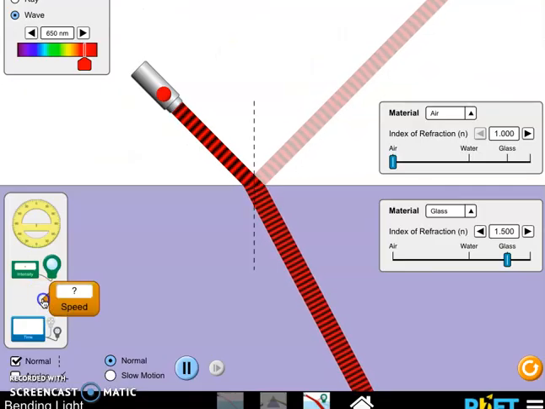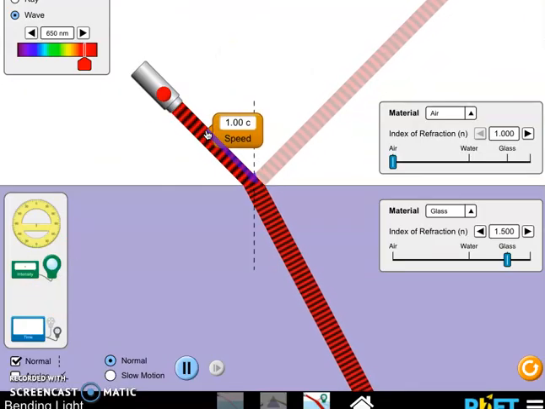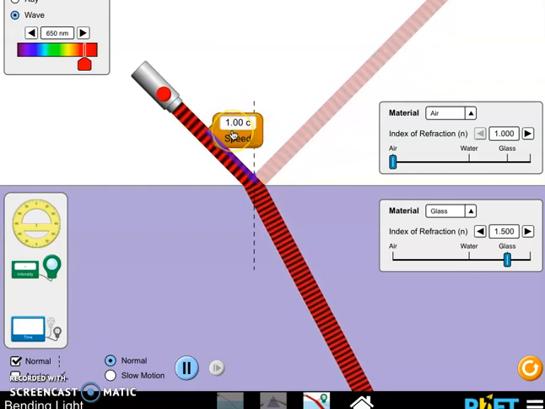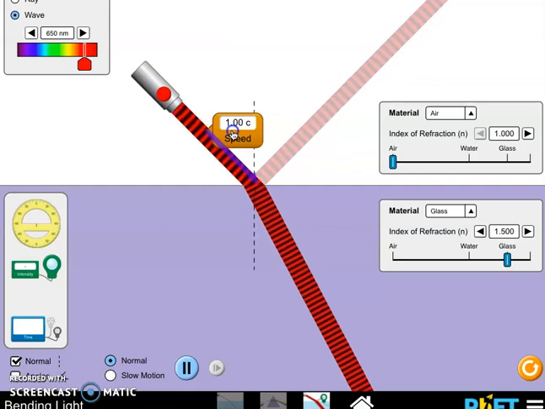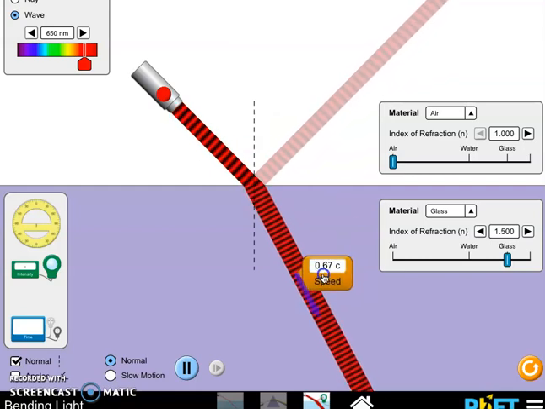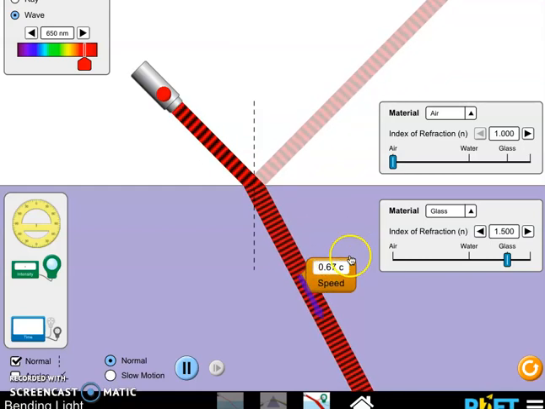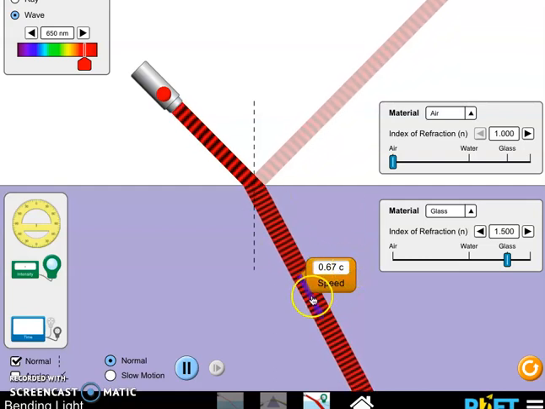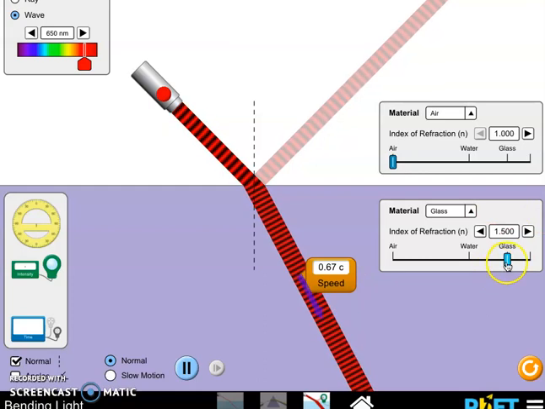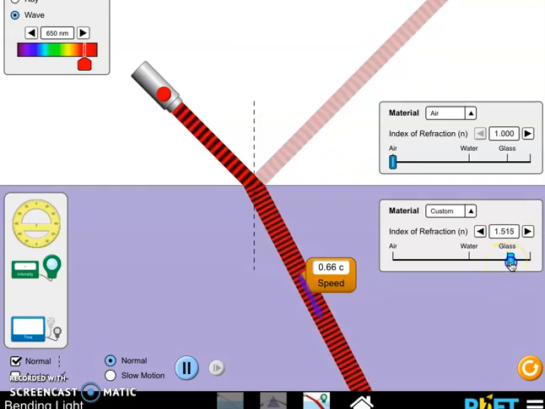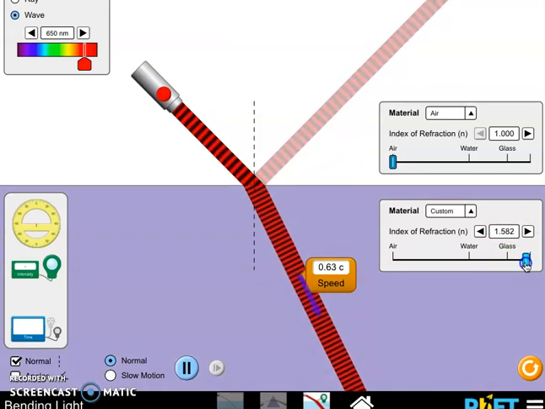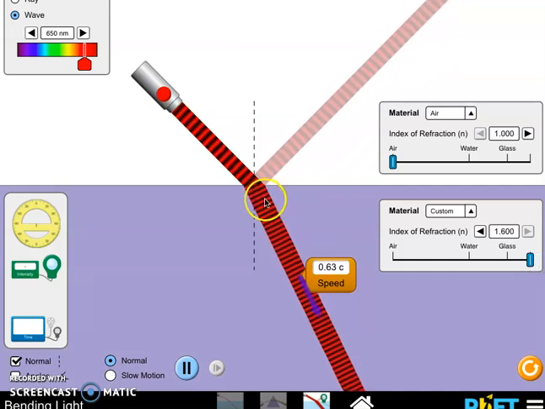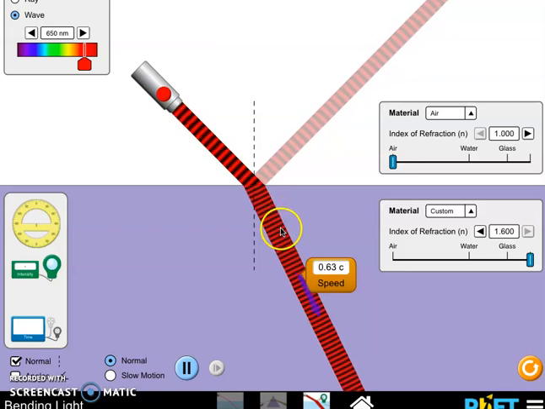When the speed of light changes from 3 times 10 to the 8th, that's 1 times 3 times 10 to the 8th, when that speed of light changes in the material, it slows down. Now it's only going a fraction of the speed of light in a vacuum. It slows down in this new material as I make the index larger. Increasing the index makes it slow down. And that makes the wavelength smaller.